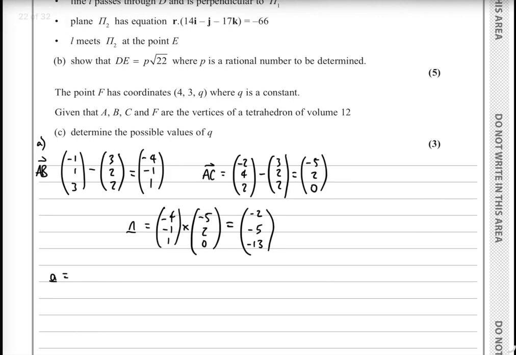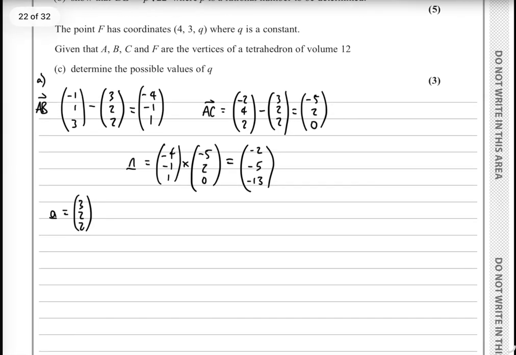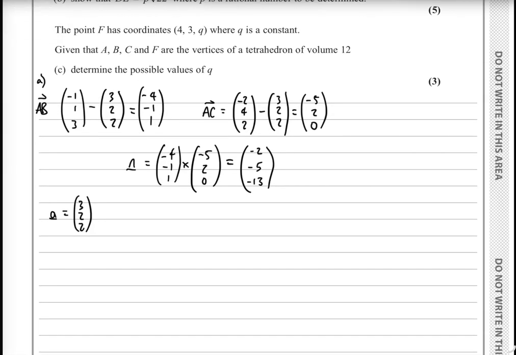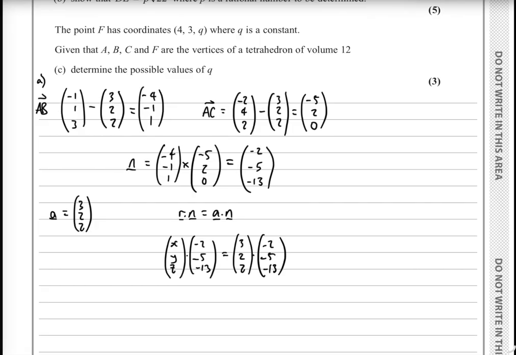Now I can use any point as my A. I'm going to use A. That seems to make sense to me. 3, 2, 2, and then the plane equation is r dot n equals a dot n. We know a and n, and r of course is just the general x, y, z. Dot that with minus 2, minus 5, minus 13 is equal to 3, 2, 2 dot minus 2, minus 5, minus 13.